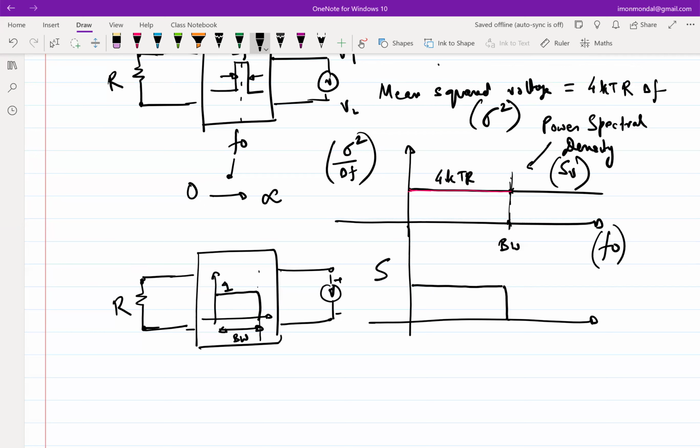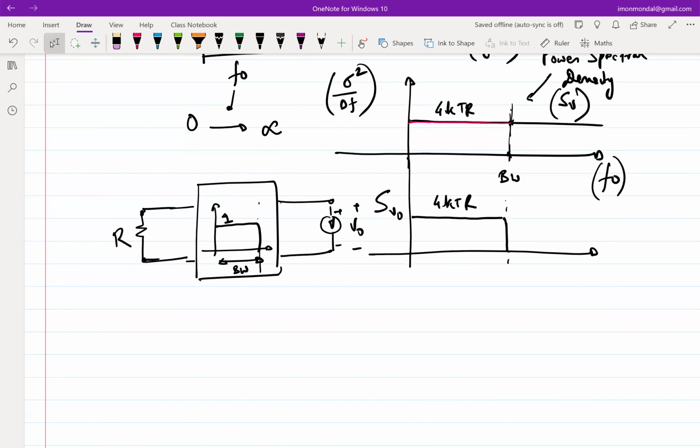So the power spectral density of the output, V out, will look like 4kTR till this bandwidth of the filter. Okay.